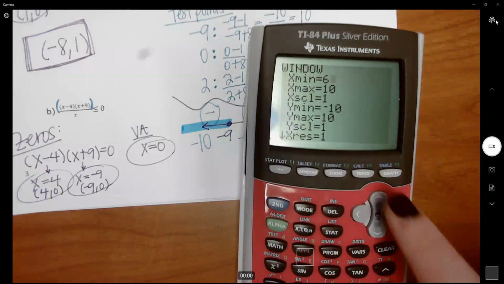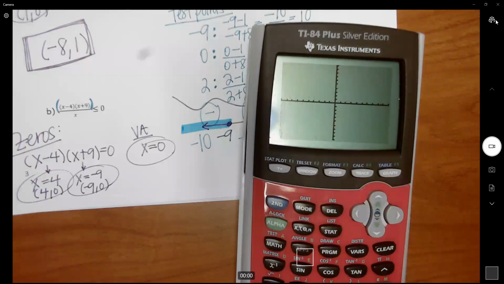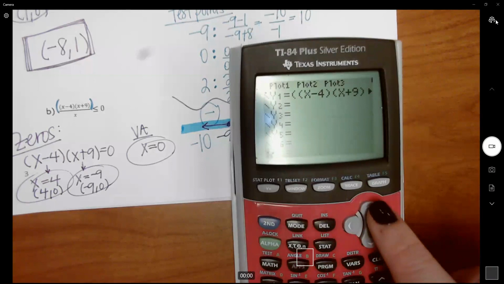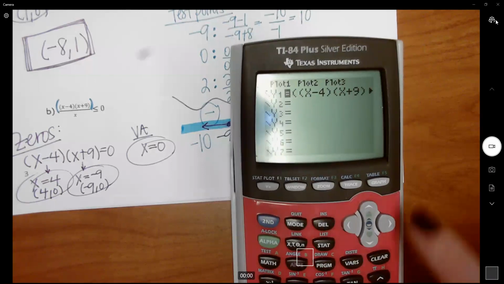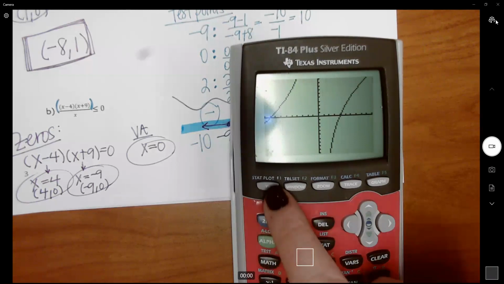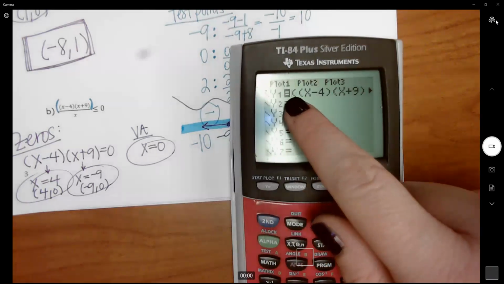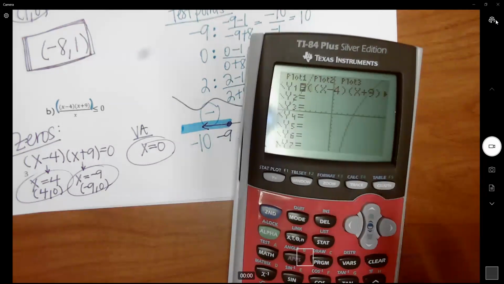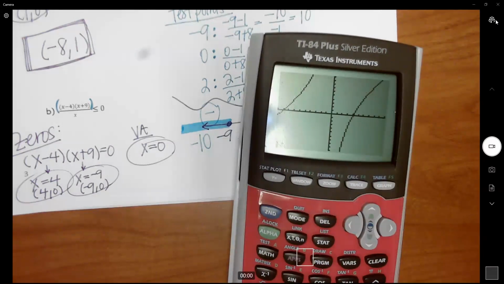Window zoom. Okay, well, I did something to mess up my calculator. Go figure. So I'm going to go search for somebody to help me out with how to graph some things now. Maybe this was supposed to be highlighted. Is that supposed to be highlighted? I guess I only thought I highlighted my equal sign, but I didn't. It's supposed to be.